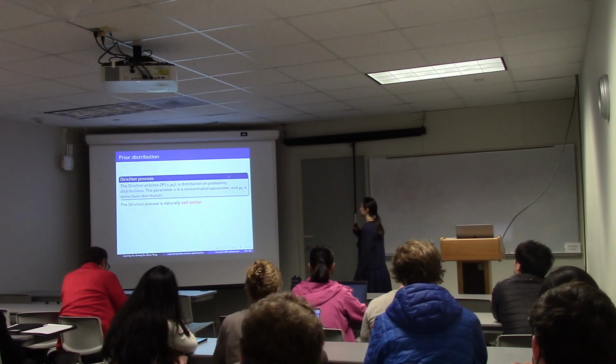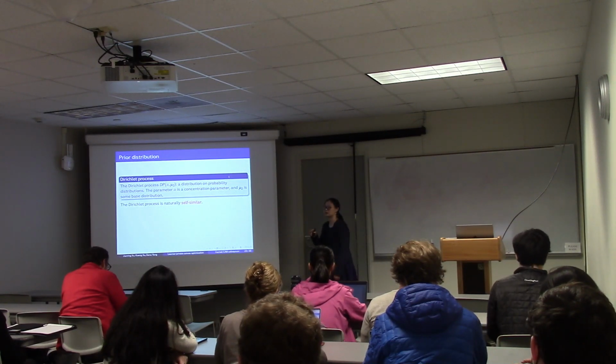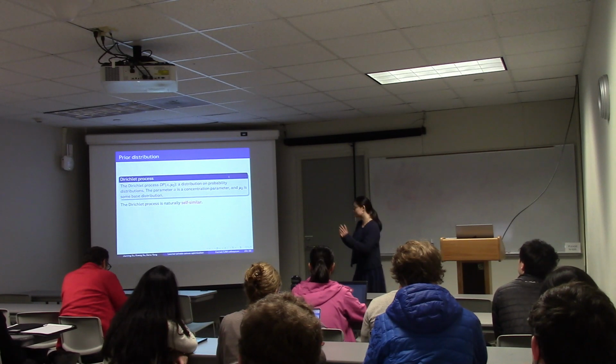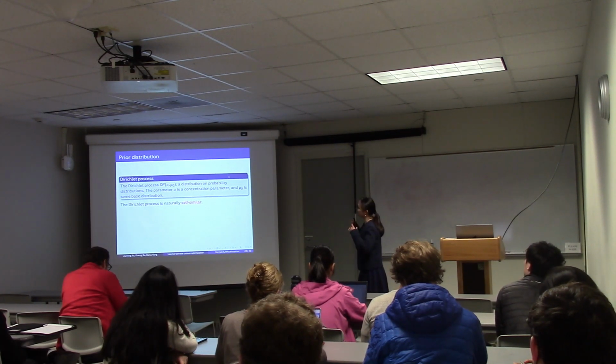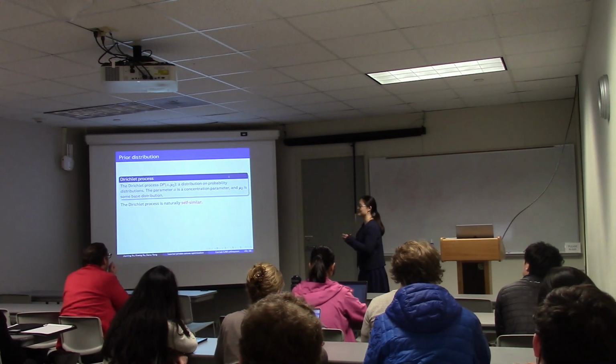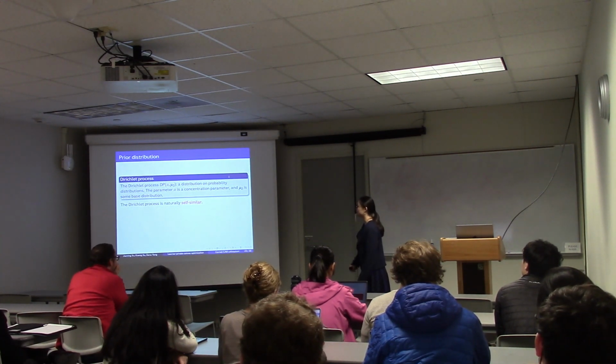Okay? And that nice similarity property makes this a natural prior distribution with the complexity structure that we want to use for the optimization problem.